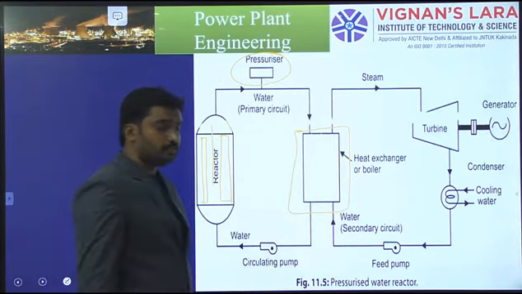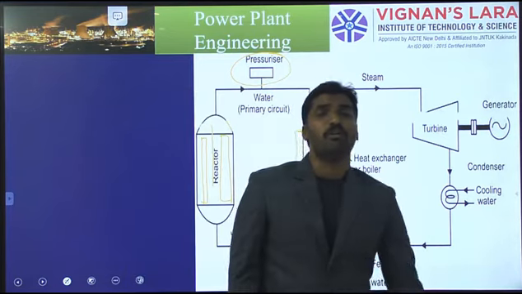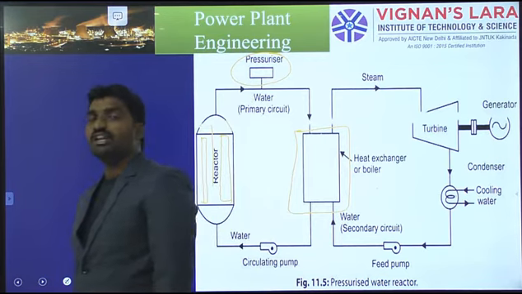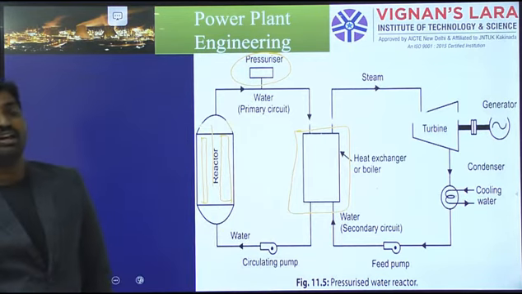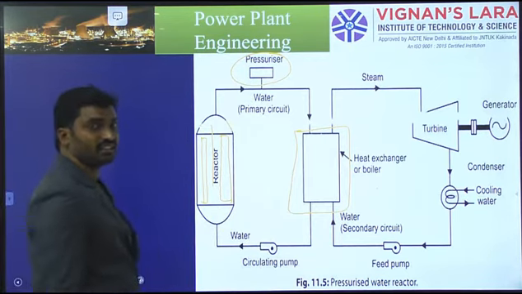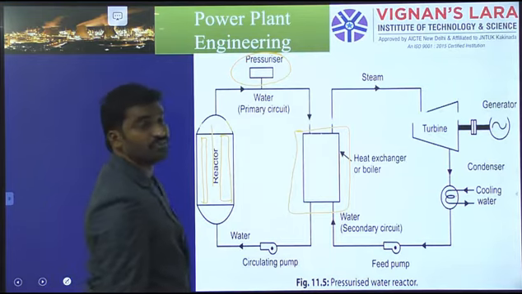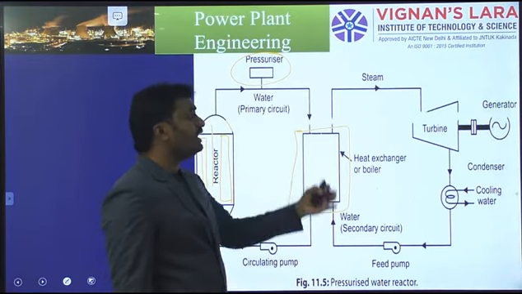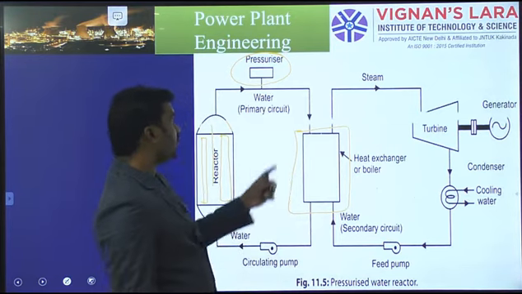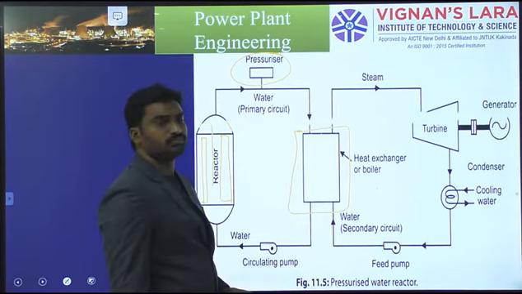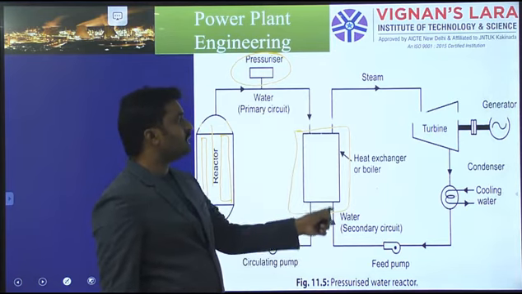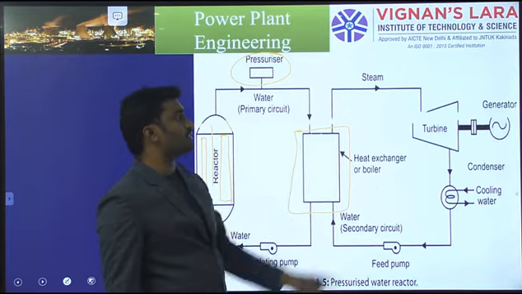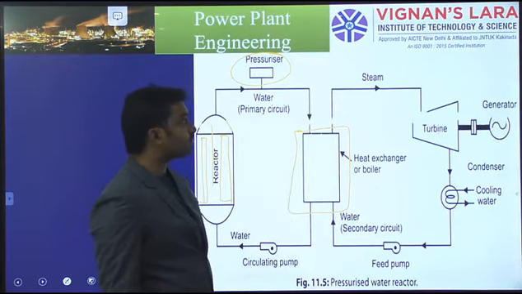Generally, in steam power plants, we know that the components are the turbine and the boiler. A boiler is a device where the water is converted into steam. Similarly here also we have a steam generator and heat exchanger. Here we are sending the high pressure water, but at the same time we are giving some amount of heat energy, which is converted into steam.